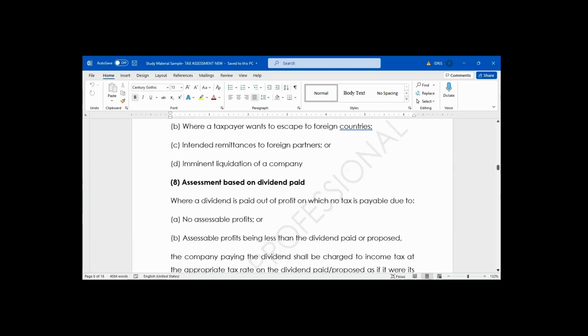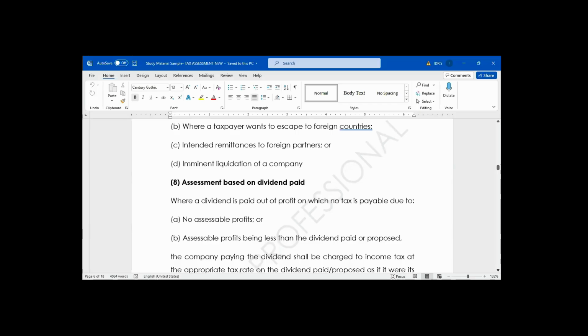If the tax authority wants to compute their company income tax, they will not compute it on total profits. They will compute it on dividend. That means when you declare dividend more than your total profits, you are going to pay company income tax based on dividends.